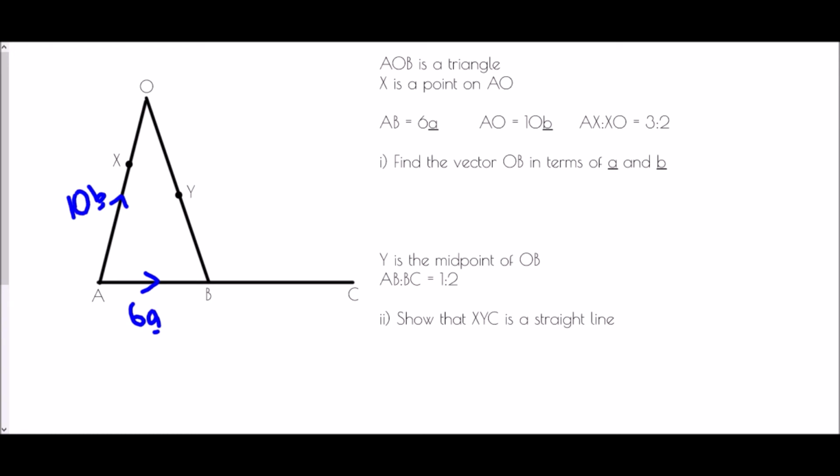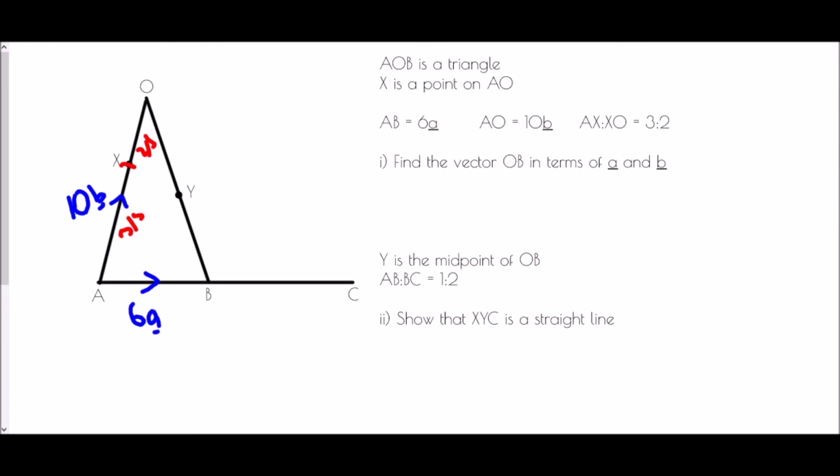And AX to XO is 3 to 2. So again, what we've got here is that ratio situation. And so because it's telling us it's 3 to 2, that tells me that this is 3/5 and this is 2/5. We've broken it into 3/5 and 2/5 of the line.